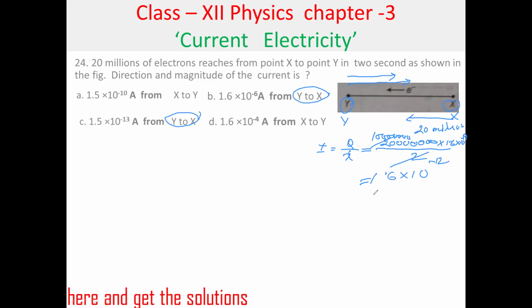Is there a figure like this? Maybe just a minute, students.